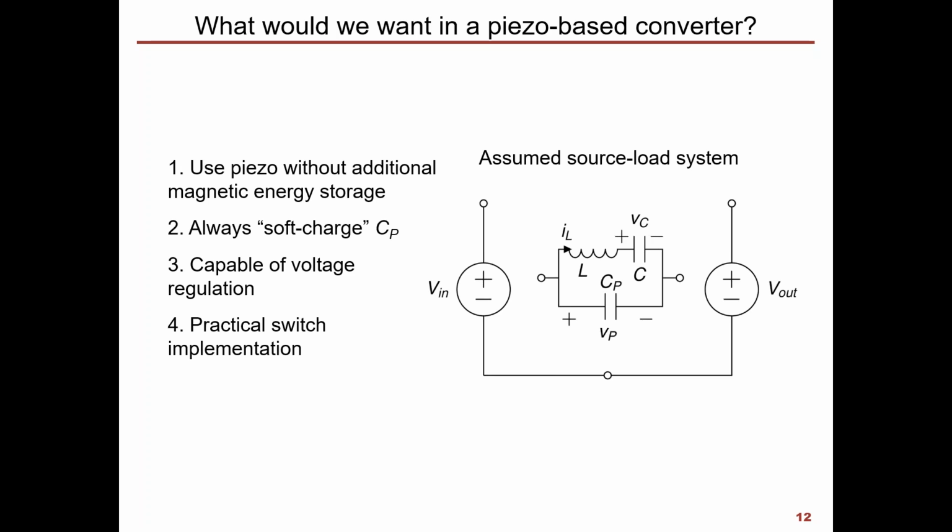And what we mean by that is we'd like to always charge and discharge CP through resonance so we can reuse the energy it stores rather than lose it. In addition to that, we'd like the converter to be capable of voltage regulation, which means we'd like to be able to span a wide range of input and output voltages with high efficiency. And for practical reasons, we'd like the required switch implementation for this converter to be as practical as possible. So maybe as few switches and as simple as possible.